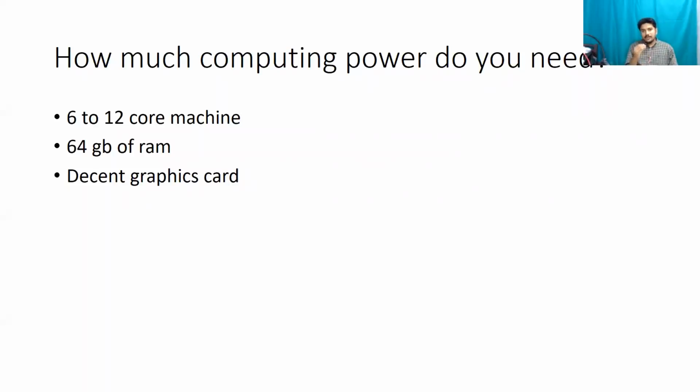Because to do justice to these simulations, you need a little bit of computing power. What do I mean by a little bit? You need at least 6 to 12 cores and at least 64 GB of RAM. A decent graphics card you can live without, but these are the minimum requirements. And why is that? That is the focus of our next slide.